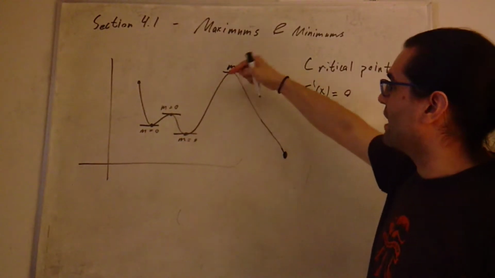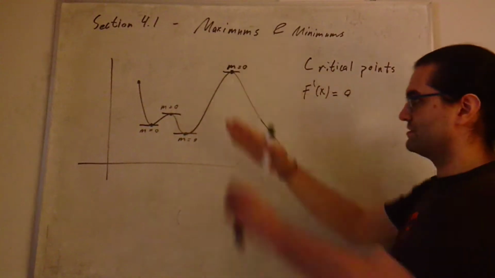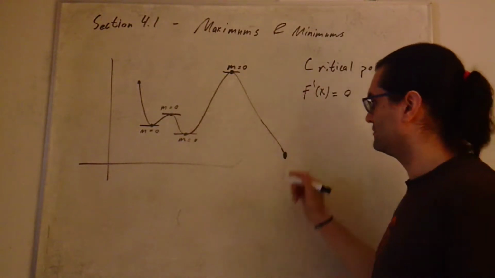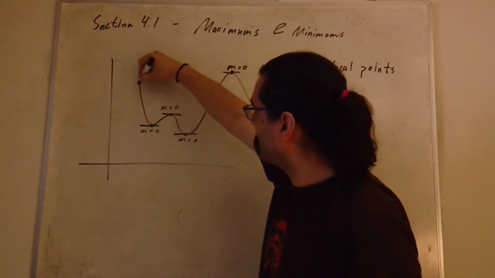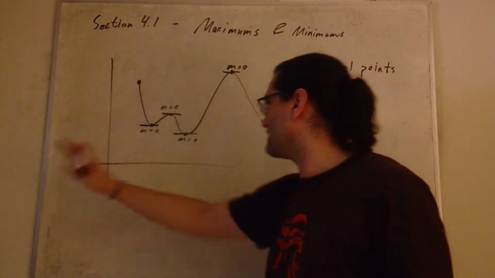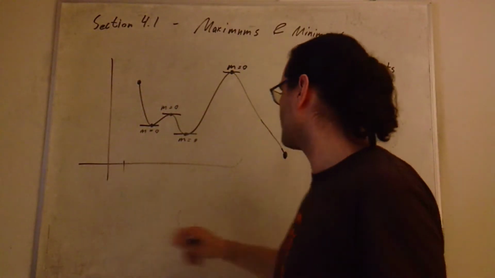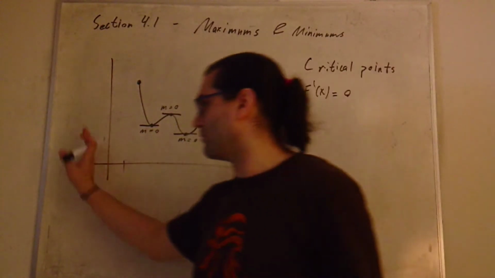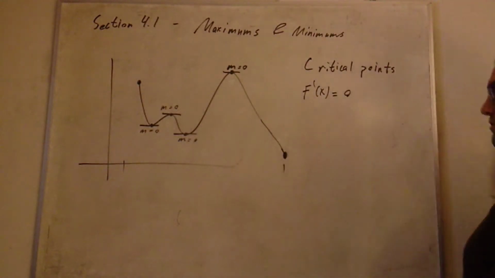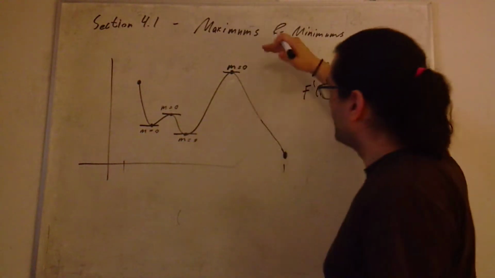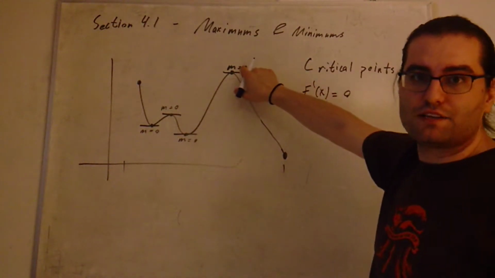This is the highest point that this graph ever reaches as drawn. As drawn, I have heavy dots here because the function ends here and here. This is a function on an interval. It only exists from this x value to this x value. So I don't have to worry about what it's doing back here or what it's doing over here. It's just this. And this, I think we can agree, is the highest point on the graph.